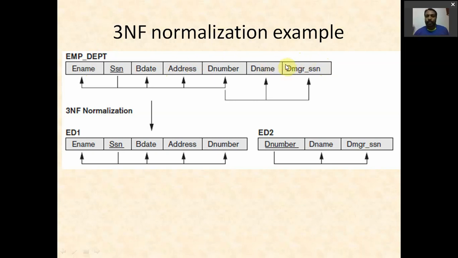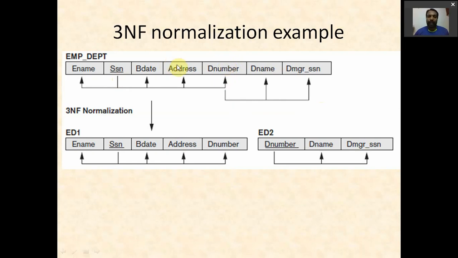If we check these two attributes, D name and D manager SSN are transitively dependent on the primary key. According to the third normal form definition, this transitive dependency should not be there, and D number is not a candidate key.